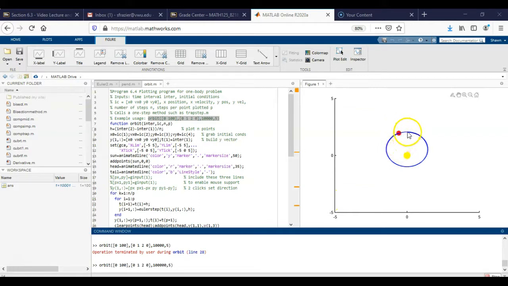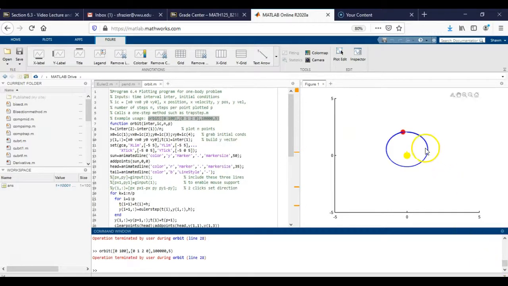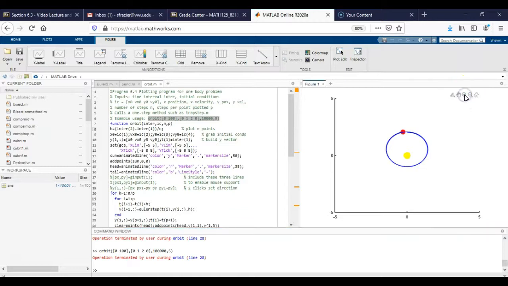But you can see that it's thickening up this line, which indicates to us that this is a better solution, right? But you can see that it's spiraling out from its original trajectory.